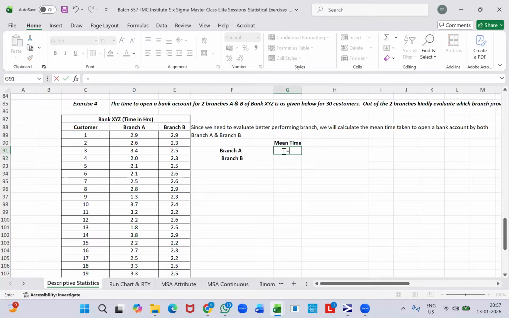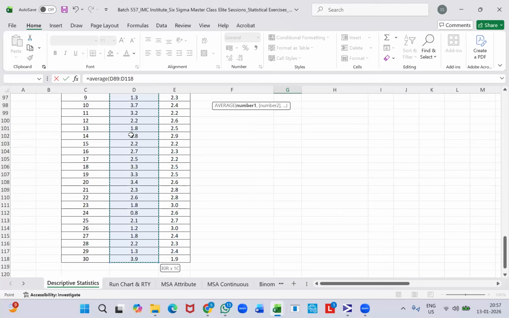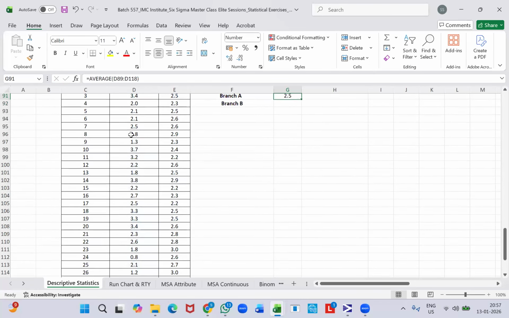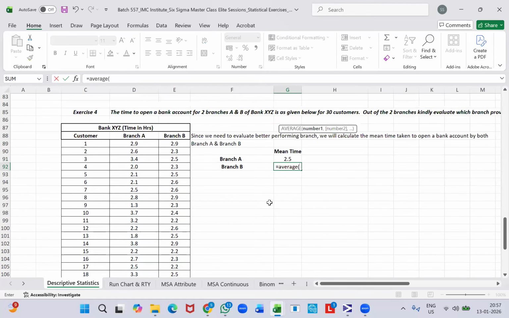It is equal to average, and then provide the range of the data set. This is for branch A, right? Similarly for branch B, equal to average, and then provide the range of the data set.